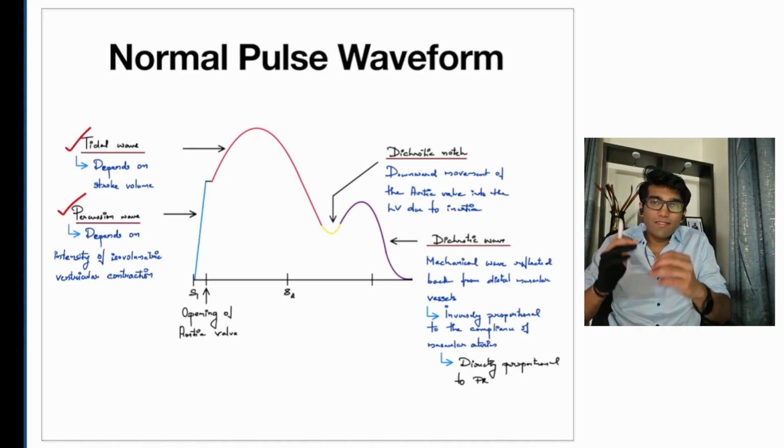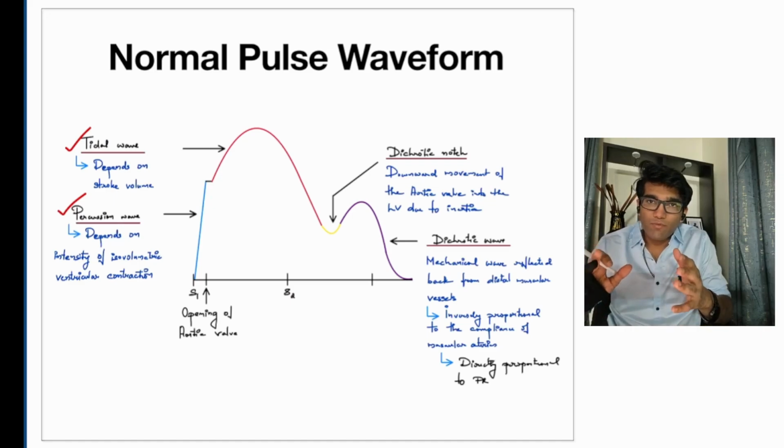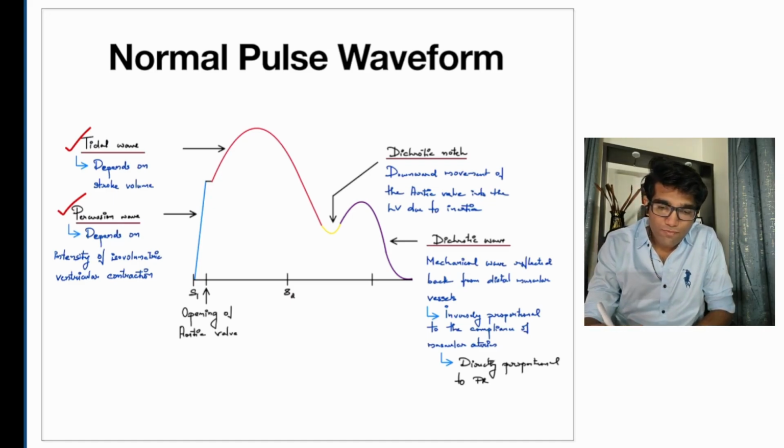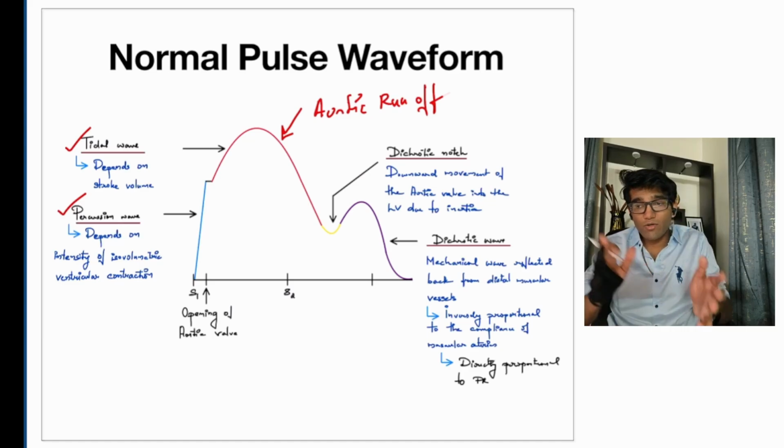Then the blood goes into the periphery, what is known as aortic runoff. Okay, so as there is aortic runoff, this is flow from the aorta into peripheral tissue.